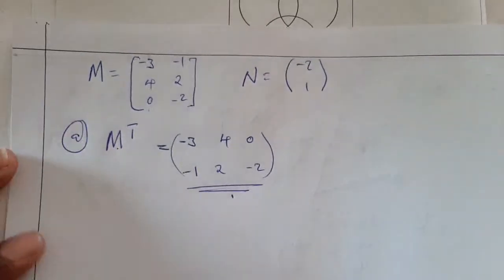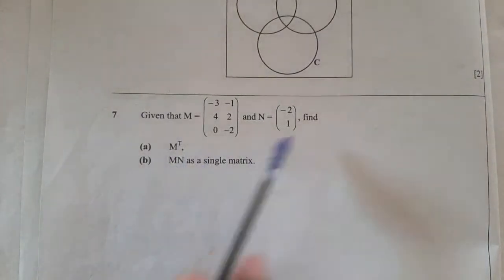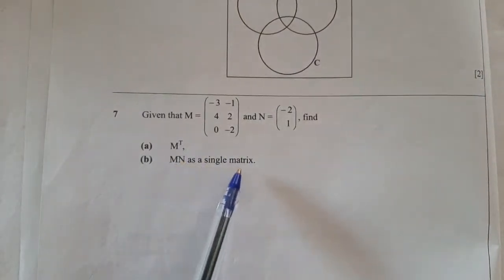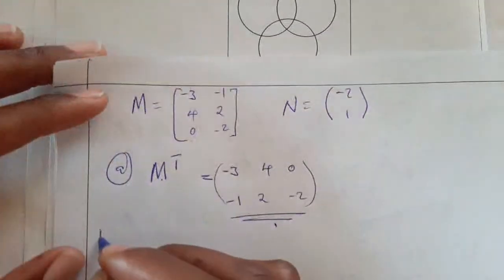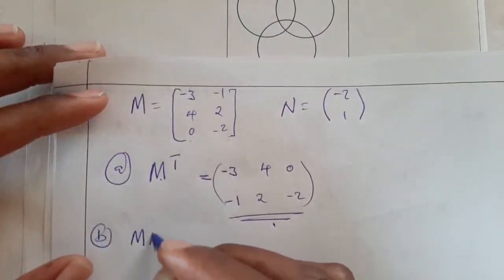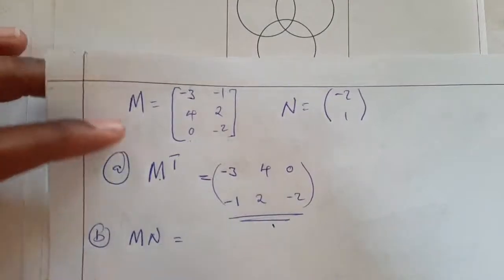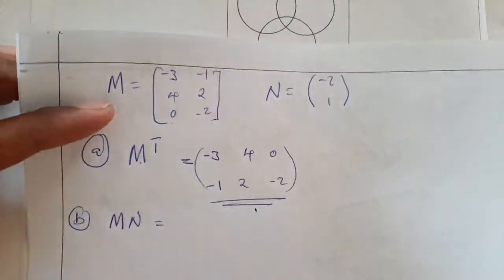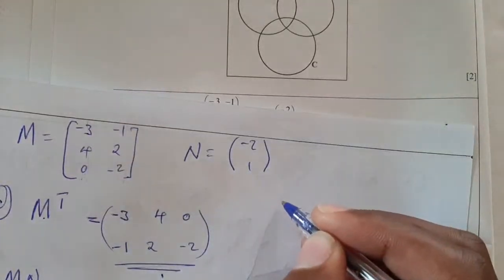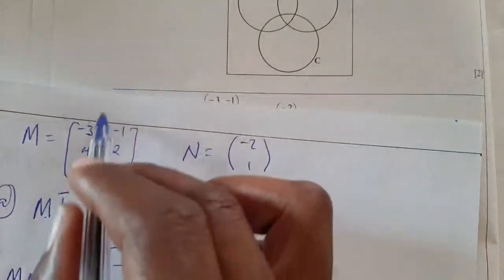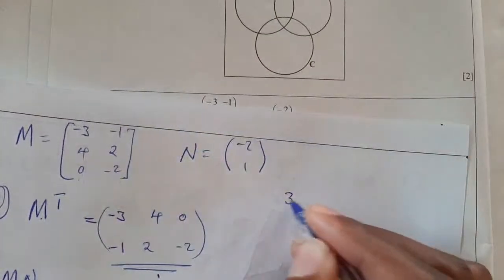Okay? We go to the next. They're saying find MN as a single matrix. We're supposed to find MN as a single matrix, which simply means multiply these two matrices. Now, one tricky thing that you need to remember, this is a tip. What's the order for this matrix here? It's a 3 by 2.